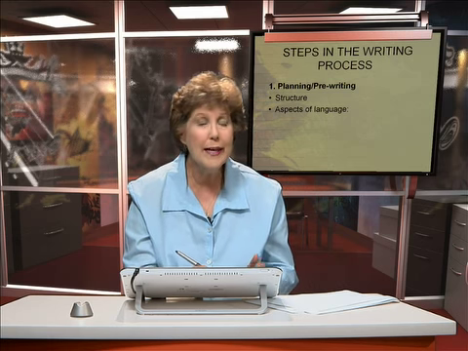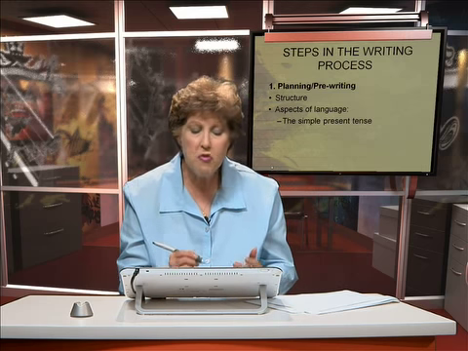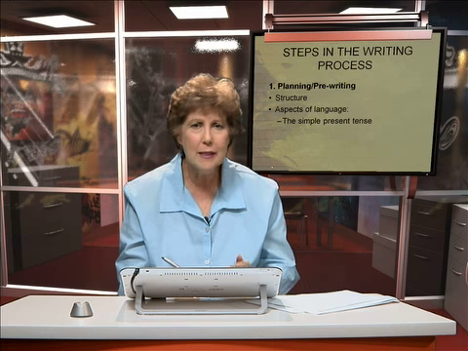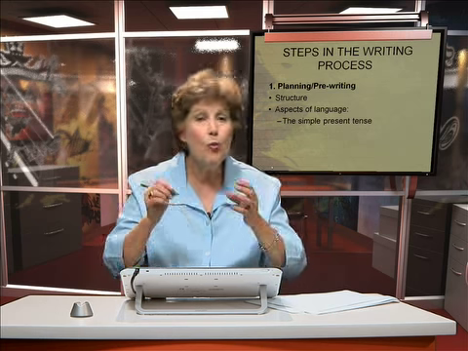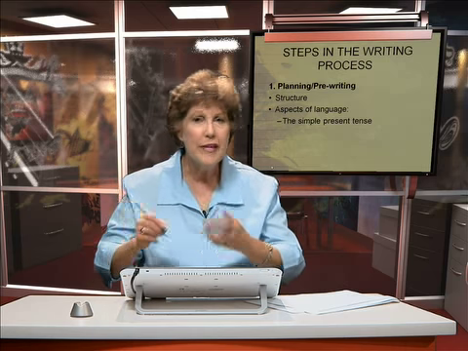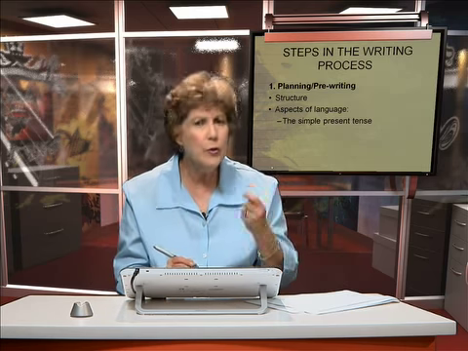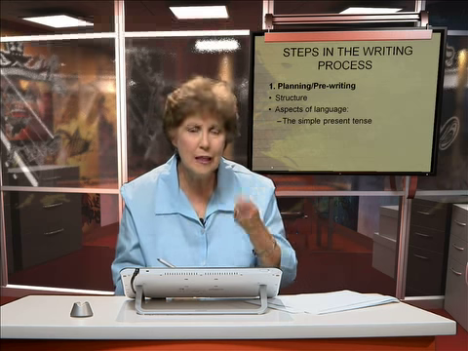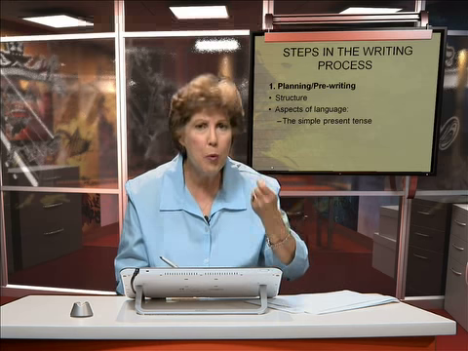When you are writing explanations and directions, think about the fact that you're probably going to be writing in the simple present tense. You're going to say that the kettle works in this way. It operates in this way. And remember, when you're using the simple present tense, that third person singular ends with an S. The kettle boils.